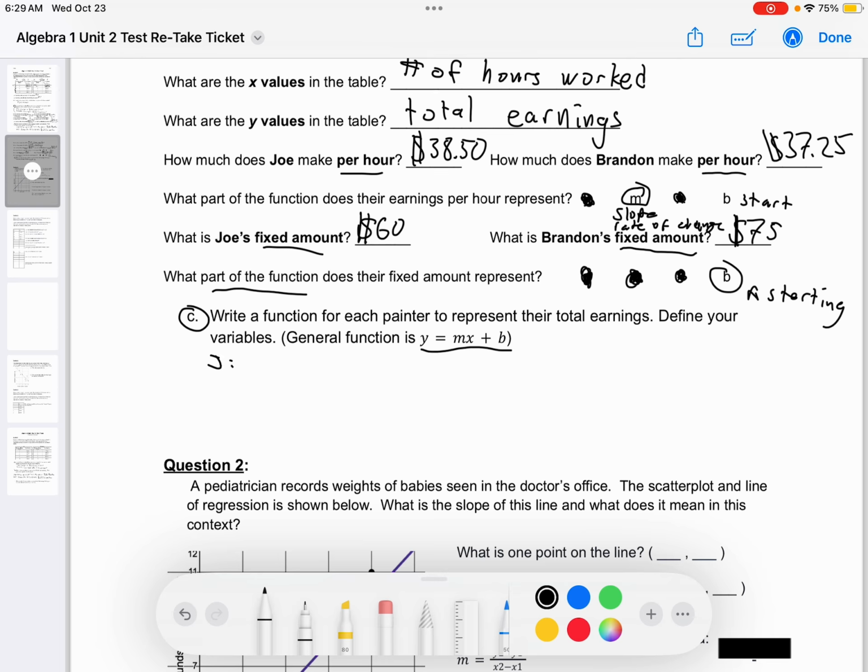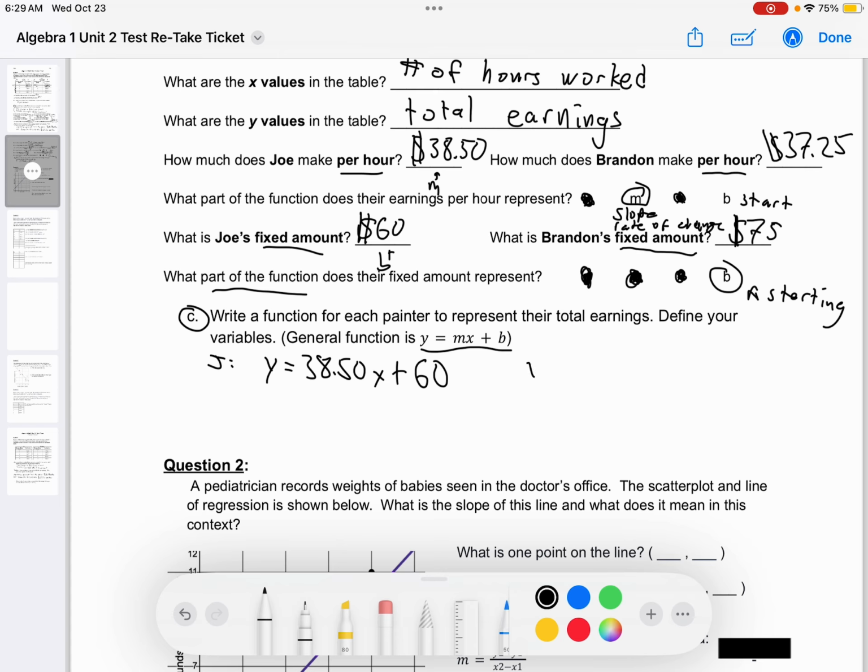For Joe, our function would be y equals, our m for Joe is $38.50, x, plus our starting amount for Joe would be b, and that's $60. So for Joe, his function would be y equals 38.50x plus 60.